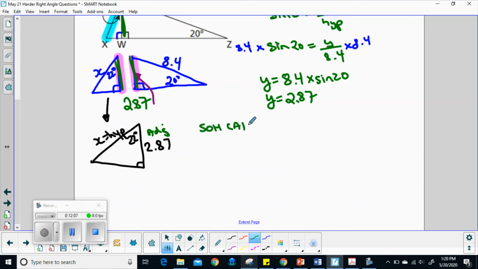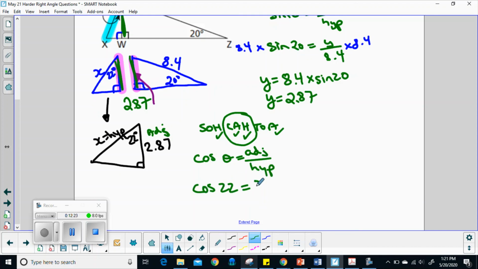I have a number for adjacent. I am looking for hypotenuse. Let's use cos. Cos has 2 check marks. Adjacent over hypotenuse. Cosine 22 equals 2.87 divided by my hypotenuse, which is what I am looking for.